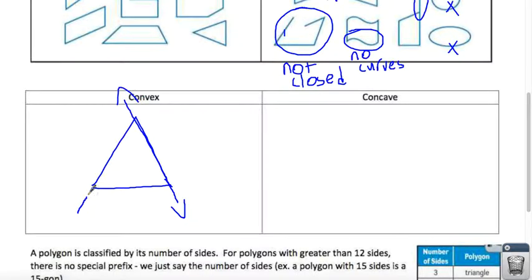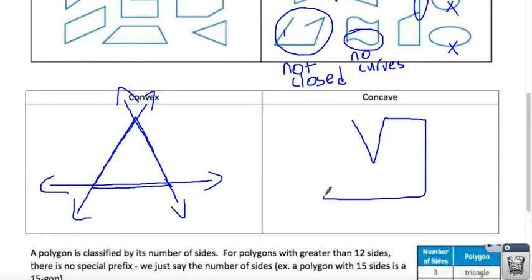So notice when I extend the segments on this triangle here, it doesn't pass through the polygon ever again. Whereas over in the concave side, if you have something like this, if I were to extend the segments here, then because they pass through the polygon again, that makes it concave.